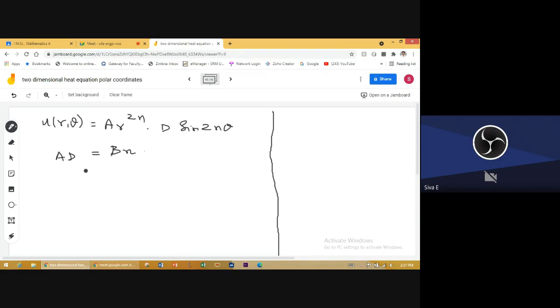Then we can write that u of r comma theta equal to summation of n equal to 1 to infinity Bn r power 2n sin 2n theta. Next we have to find Bn. So to find the Bn value, applying the last boundary condition.